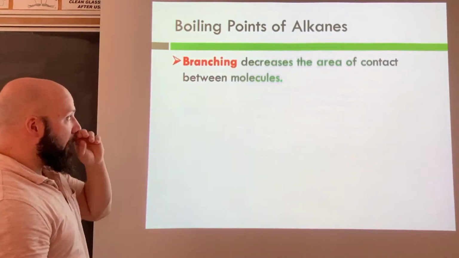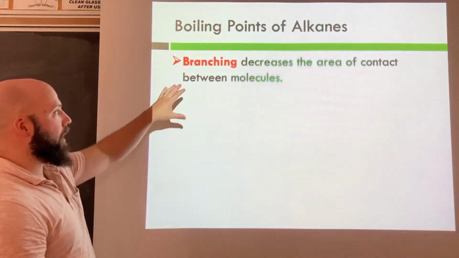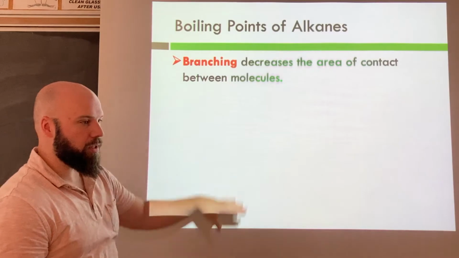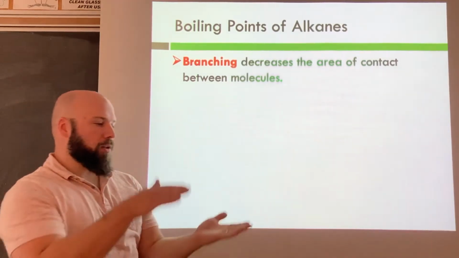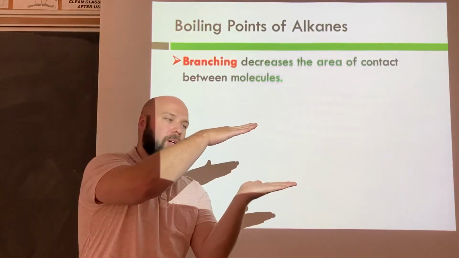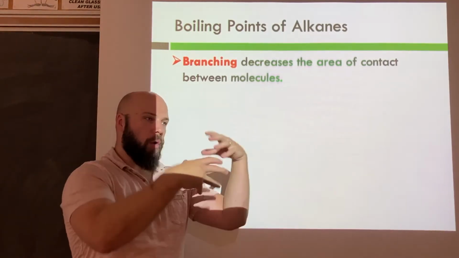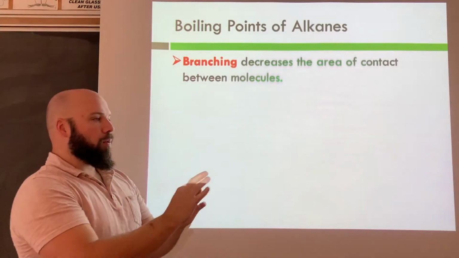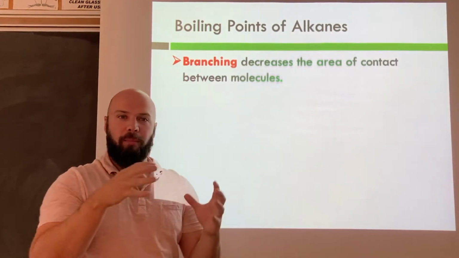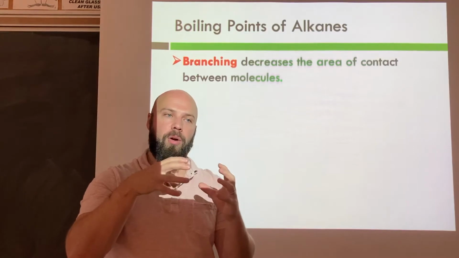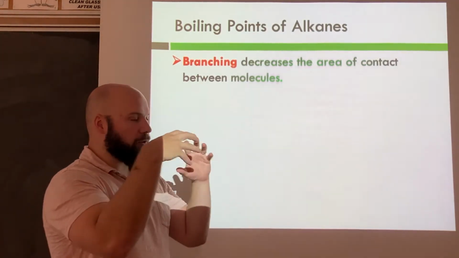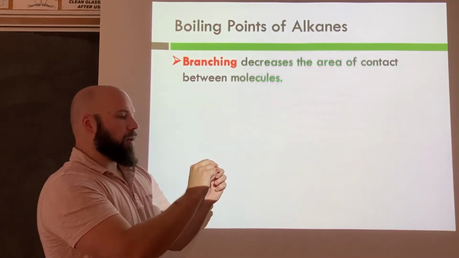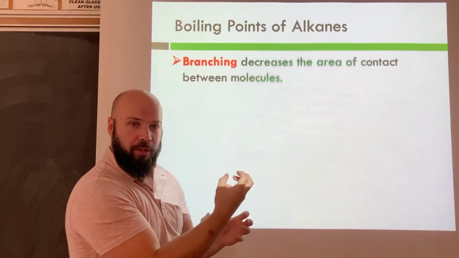As we keep going, something that does decrease is branching, because it decreases the area of contact between molecules. If you think of 2 straight chain molecules, they could kind of lie right on top of each other, or if they're longer, there's a lot of area there. But as you branch off from that molecule, it becomes more rigid and harder to find the surface area to bond, because there are branches sticking out of those central carbons.